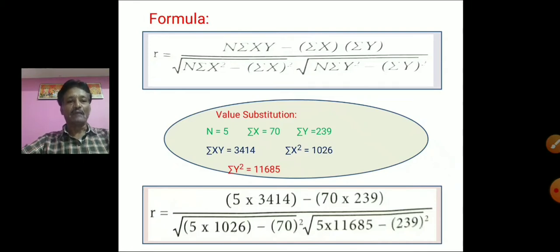So in the numerator you are having 5 into 3414 minus 70 into 239, and in the denominator under root you are having 5 into 1026 minus 70 the whole power 2, into 5 into 11685 minus 239 the whole power 2.